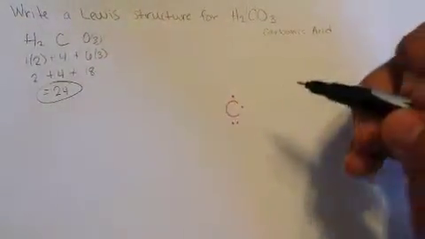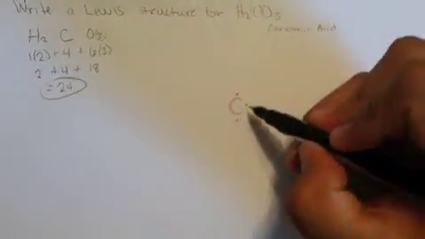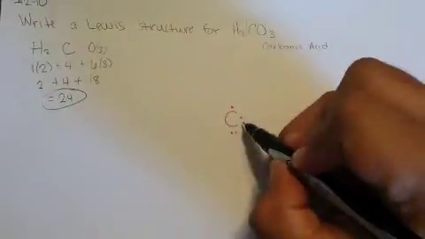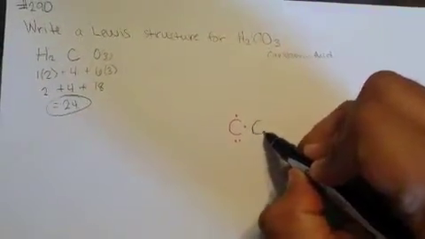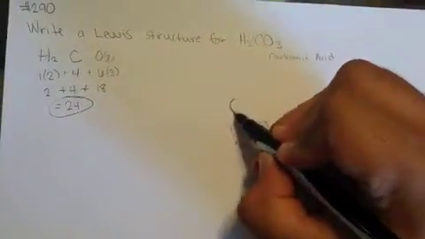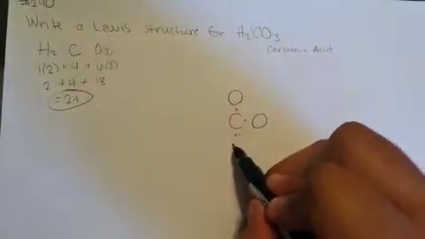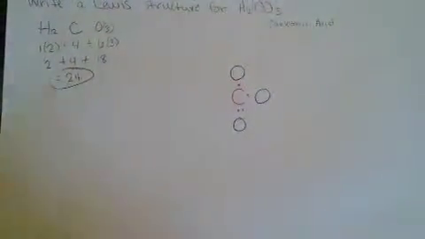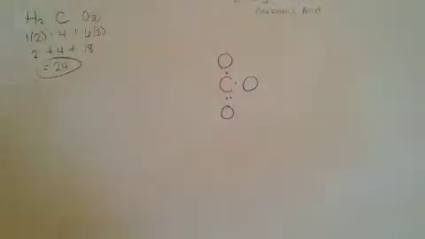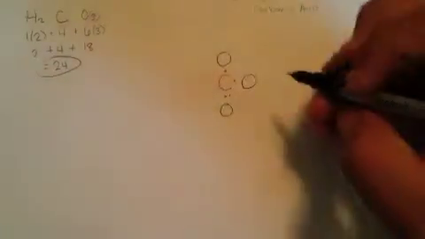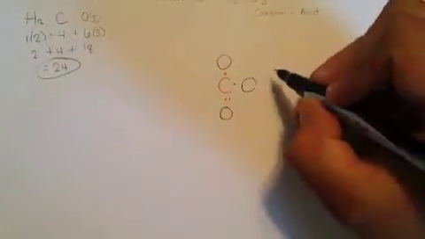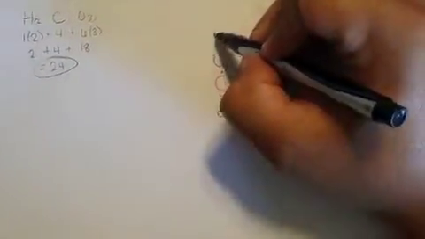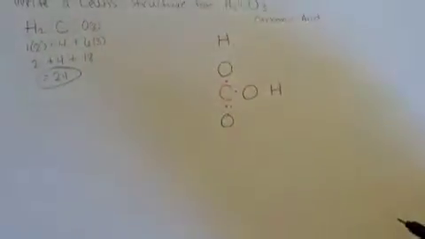You see right now. You're going to have another oxygen right here. You have 3 oxygens, so you're going to be surrounding your carbon. And last but not least, you're going to have your hydrogen. One here, and 1 here.